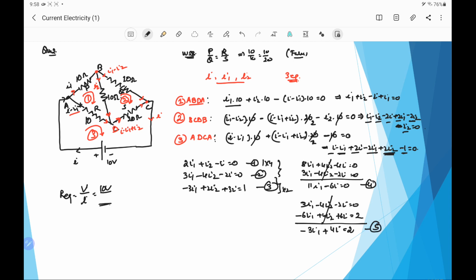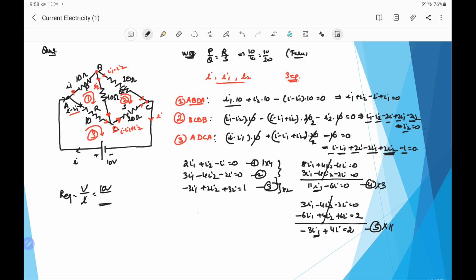Now in equations 4 and 5 there are only two variables, and out of these two variables we have to eliminate the variable I1, so that we can get I. So I1 has the multiplier 11 here, and here I1 has the multiplier 3. So we multiply equation 4 by 3 and equation 5 by 11.